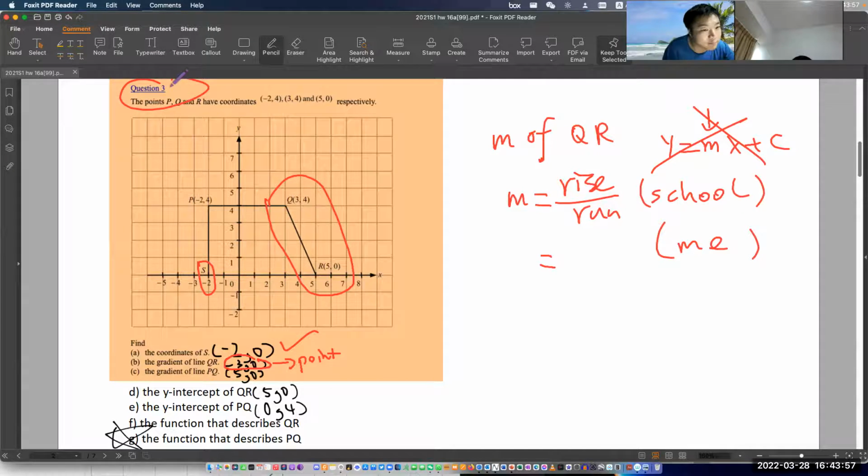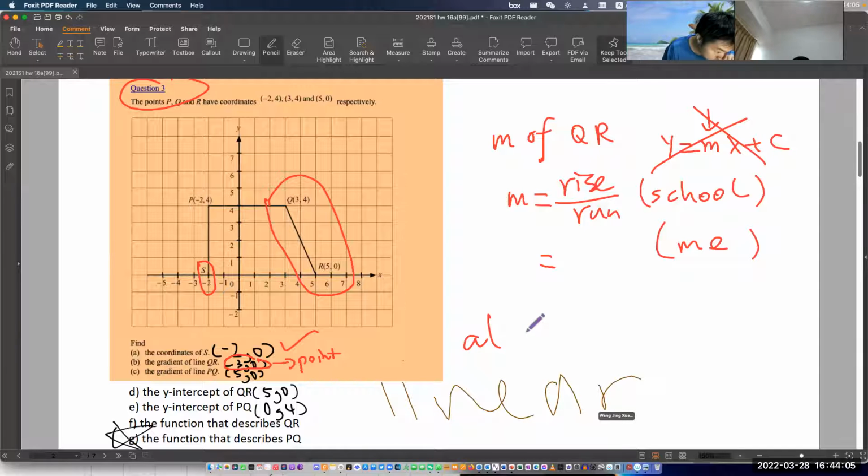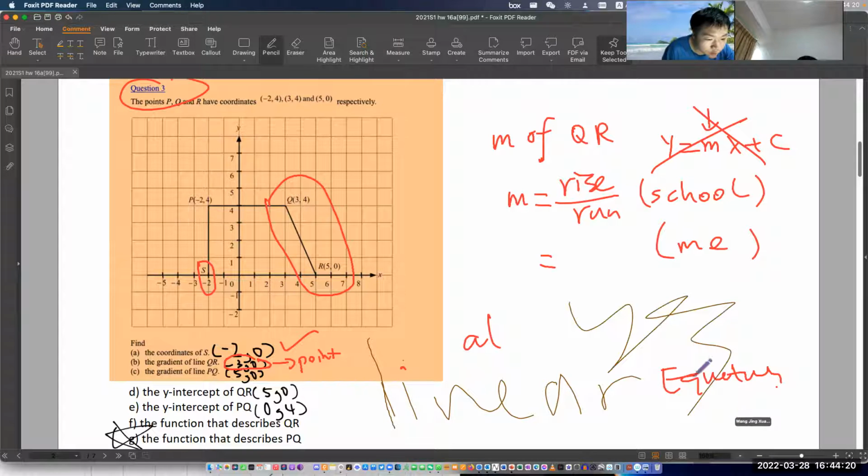They might skip. You are doing algebra at the moment, right? In school. Linear. Sorry, linear. You are doing linear equation, right? What is linear equation?